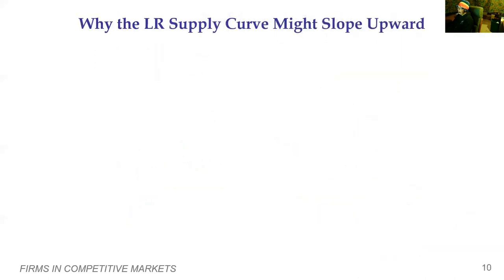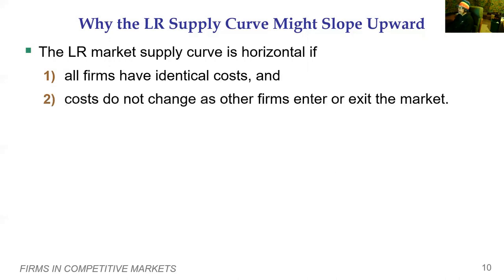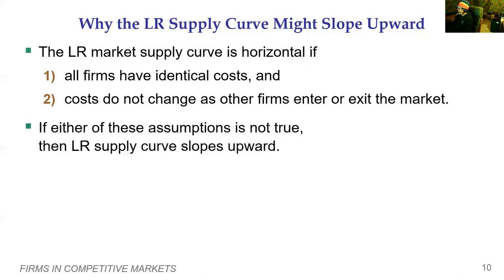Okay, so why might the long run supply curve for the market actually slope upward? And remember, we made some assumptions in saying that they would all converge. The first assumption is that all firms have identical costs. We know that's not necessarily true. We also know that not all costs remain constant as firms enter or exit.